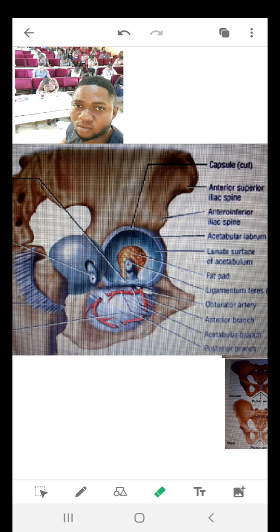But before we talk about some of the branches of the obturator artery, let's talk about the acetabulum. So this is the bone we are going to be talking about here.